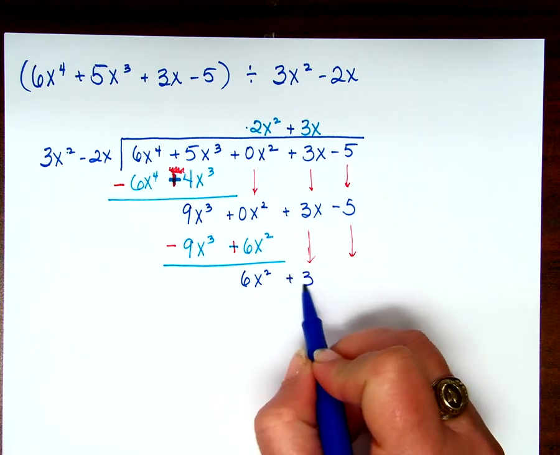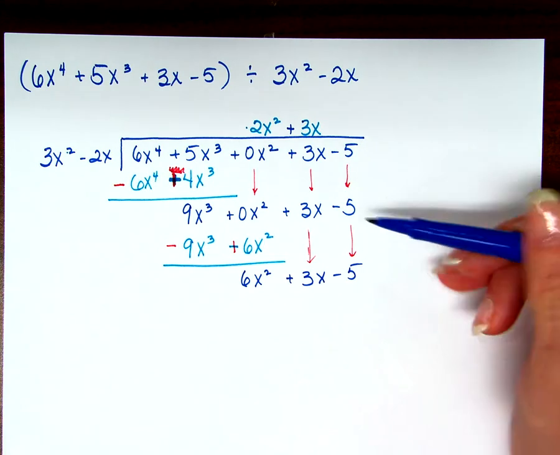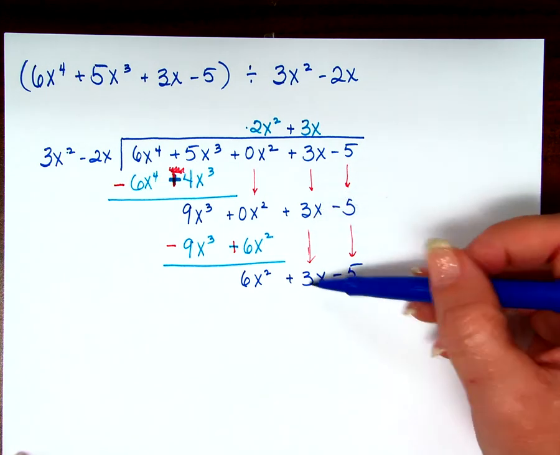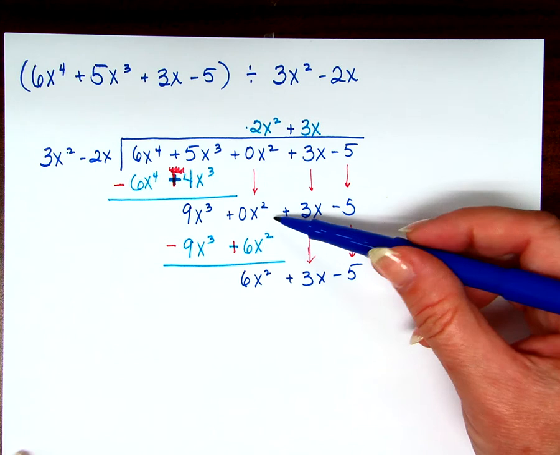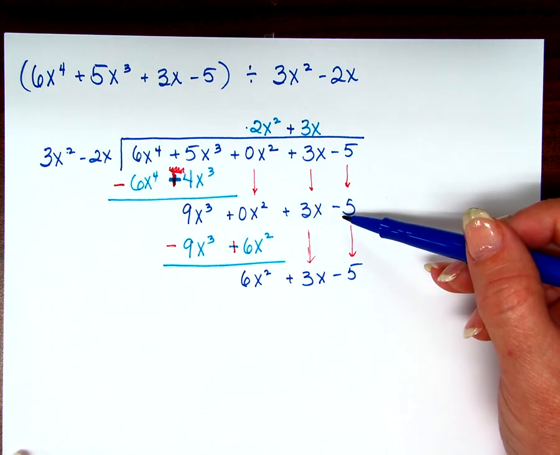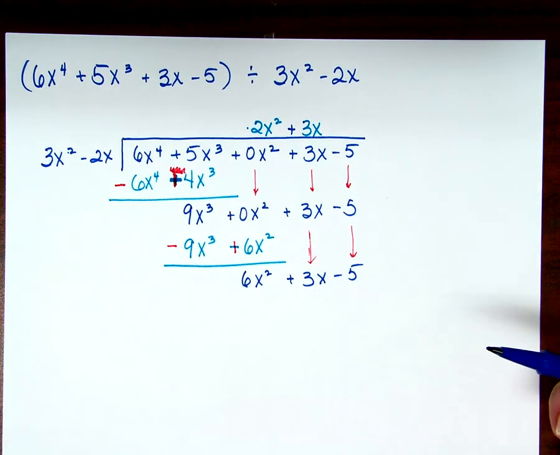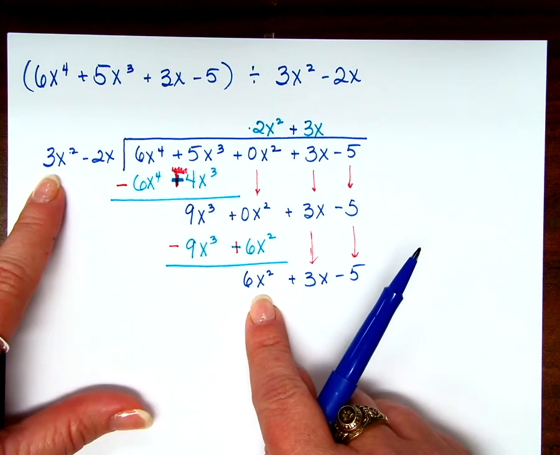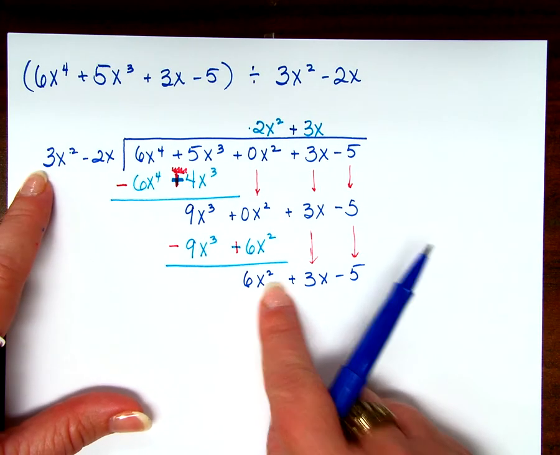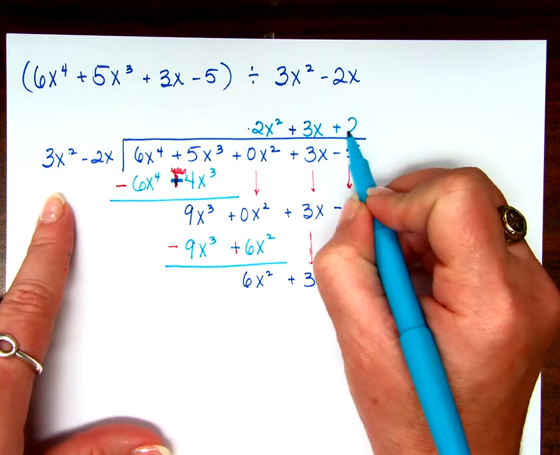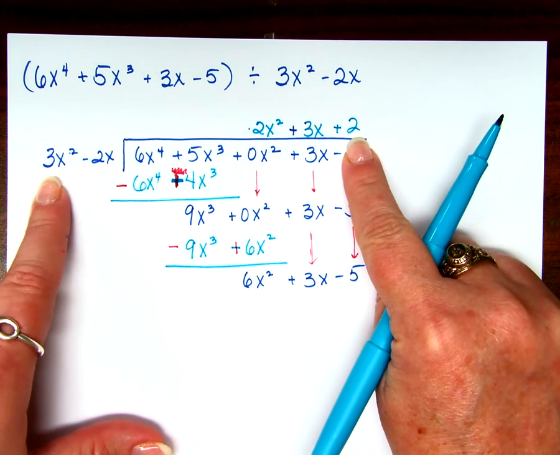Plus 3x minus 5. Now, since I wasn't going to even be using the 3x and the negative 5 until here at least, was it important that I brought it down right here? Not necessarily. I just bring it down so I don't forget anything or skip anything. Okay? Now we start over. 6x squared divided by 3x squared. So 2. So now multiply 2 times 3x squared.